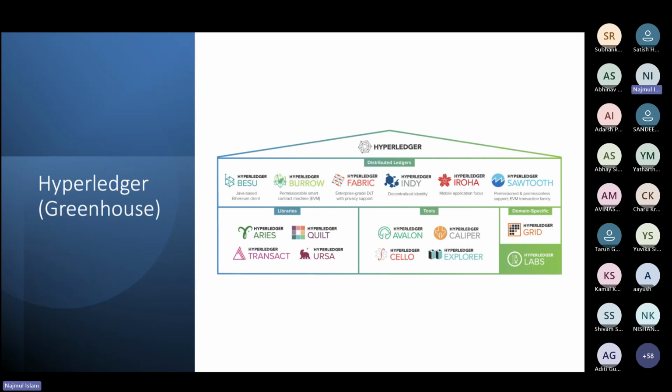And then there are other tools like Hyperledger Cello, Hyperledger Caliper, and probably there are more tools and libraries by this time. I have not really followed that much. But the point here is that you have all the tools. So you just need to install it and create your environment for developing business applications.